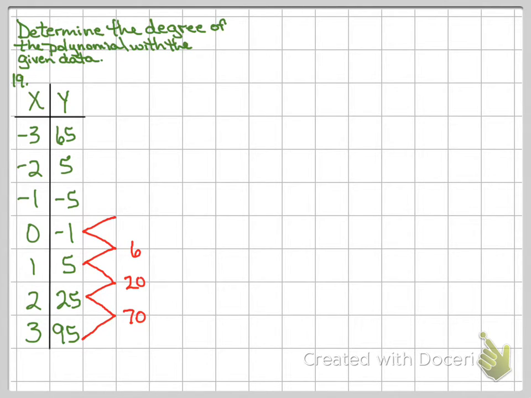Negative 1 minus negative 5 gives me 4. Negative 5 minus 5 gives me negative 10. 5 minus 65 gives me negative 60. And this is my first difference.